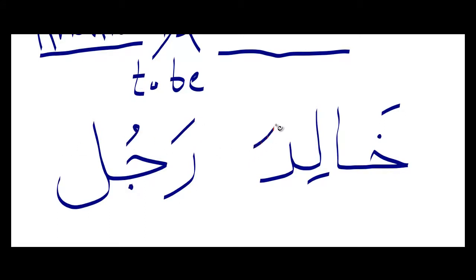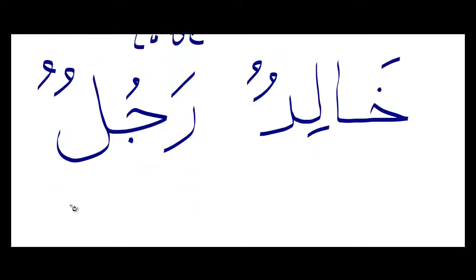And then finally, we put 2 dhammas at the end of both words. So Khalidun, Rajulun. Khalid is a man. And that is our very first Arabic sentence. And what I want you to do after this lesson is to work on the exercises. But before that, let's understand this sentence and let's go over some rules that we should take into account.